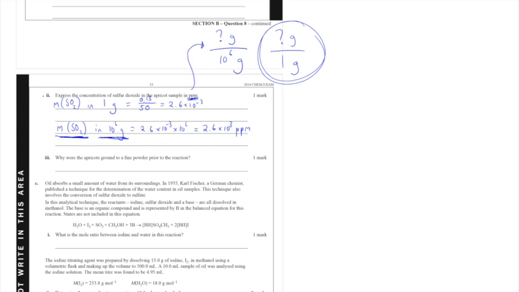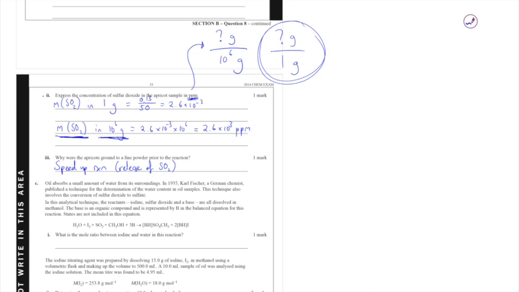So moving on to II. Why were the apricots ground to a fine powder prior to the reaction? It did state in the question that that is what occurred. If you wanted to, you could go up and read that. But really this comes down to understanding. Why would I want to do that? Well, one of the key reasons is to speed up the reaction. And what was the reaction? In this case, the release of SO2, of that sulfur dioxide.